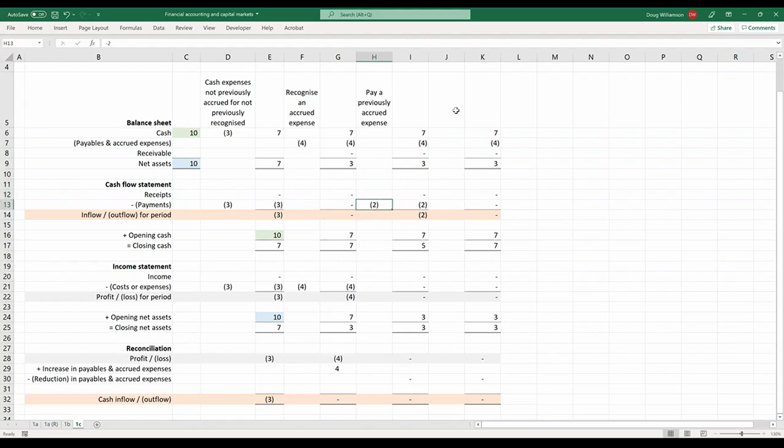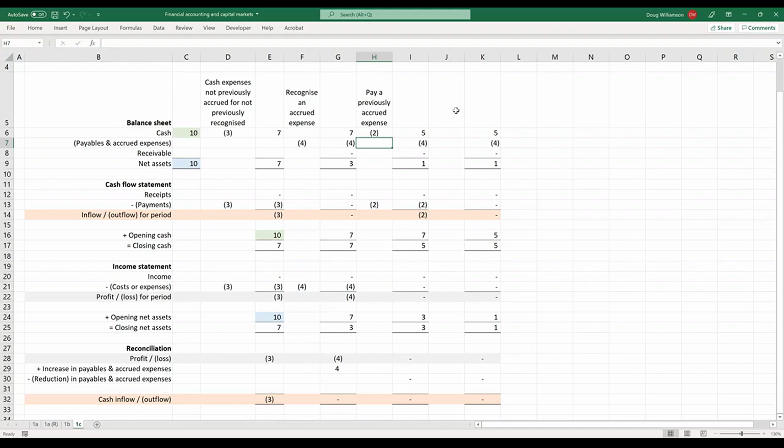Nothing else happens in this accounting period. Paid 2, started with 7 in the bank account. We're now at 5, so to make our balance sheet align with the cash flow statement, we need to reduce cash by 2. We put it in a cash book and then make the cash account in the nominal ledger.